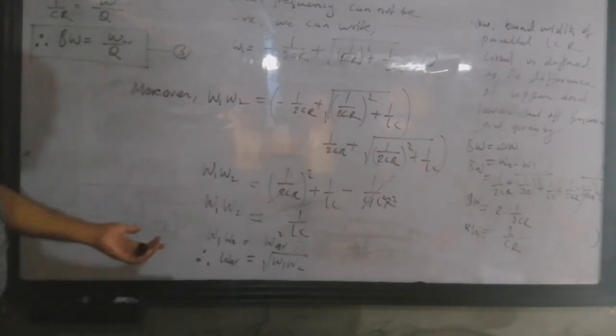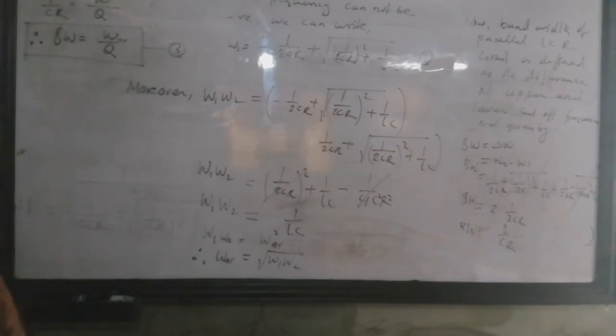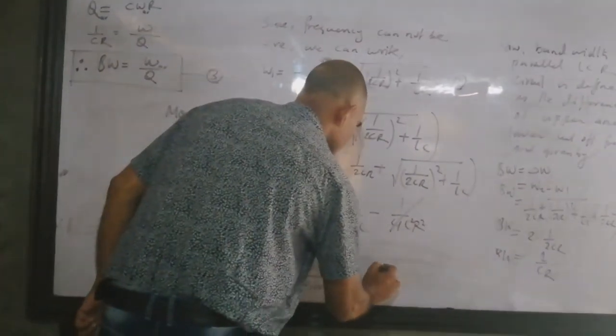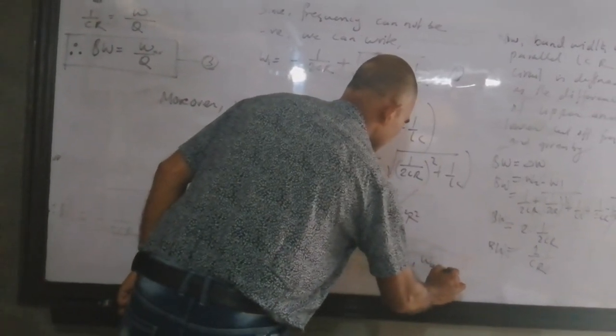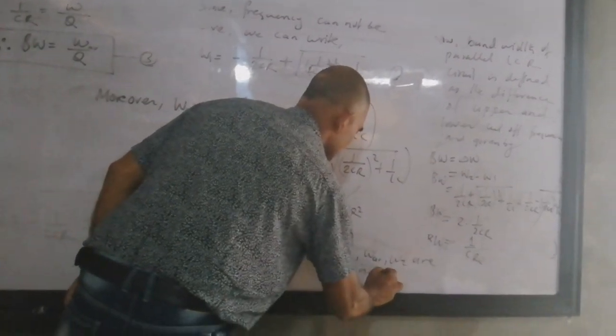Simply we can say that omega AR is the geometric mean of the two cutoff frequencies. That is what we get: omega 1, omega AR and omega 2 are in geometric progression.